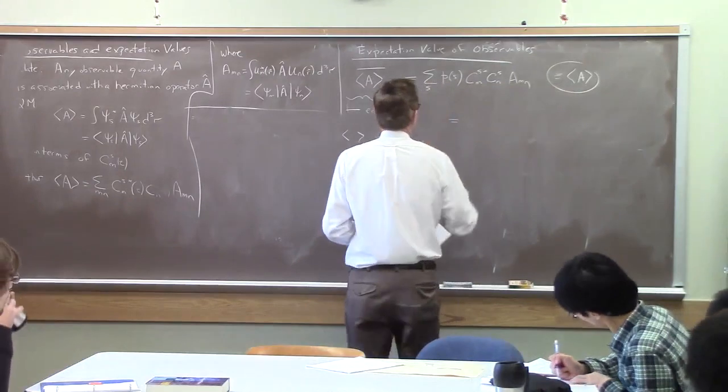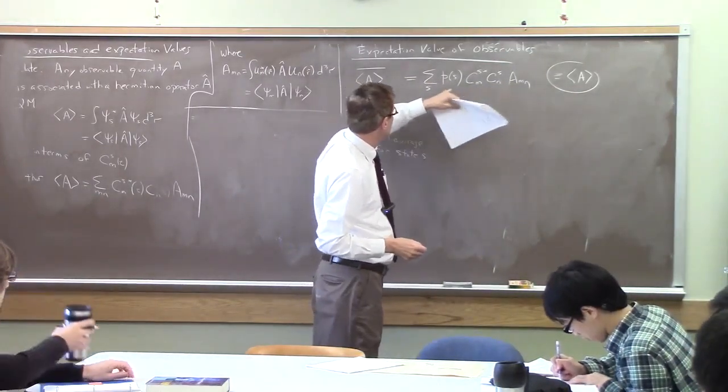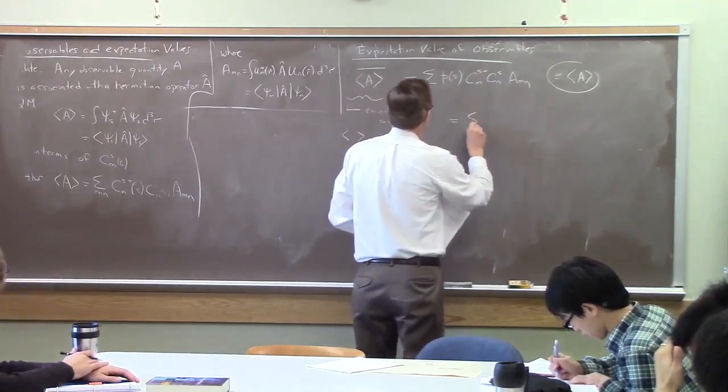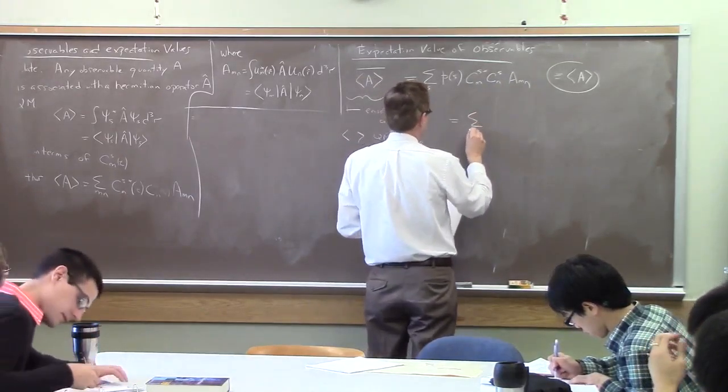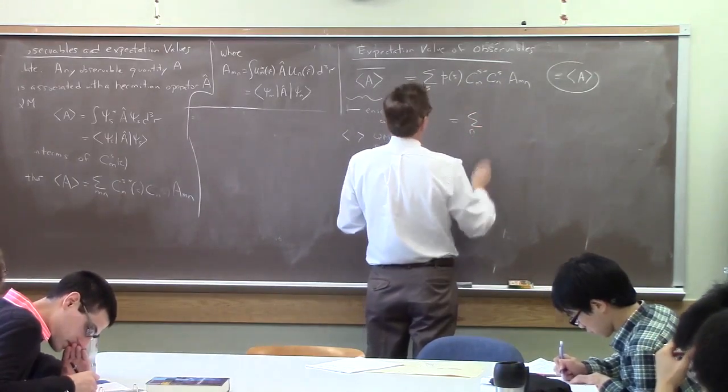Now, we look at this equation, and you see that this is just the definition of the density matrix. So this can be written as the sum over n.